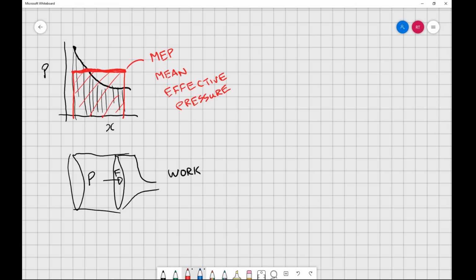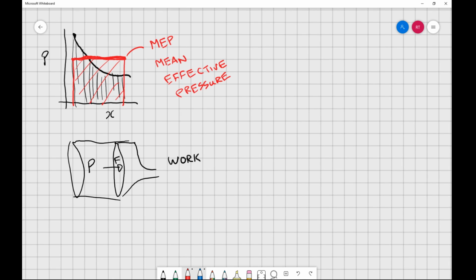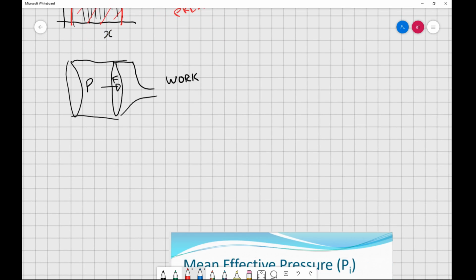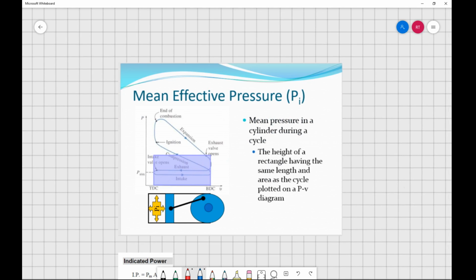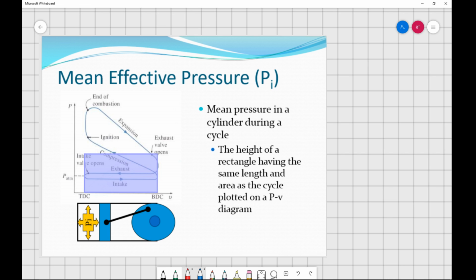Okay. And we use that in a lot of different machines. So this would be one case where we have a stroke, but more likely what happens inside of a machine is that we have a bunch of different strokes. So we have a combustion and or a compression, an expansion, exhaust, intake.